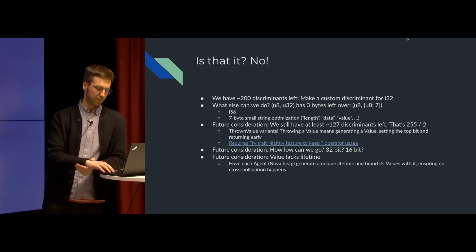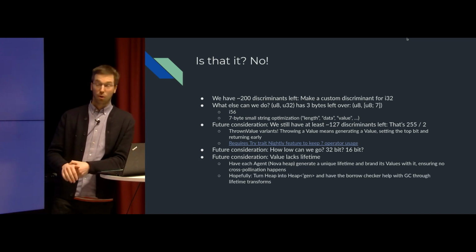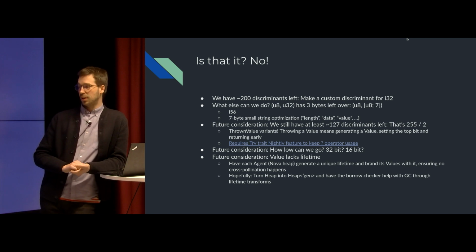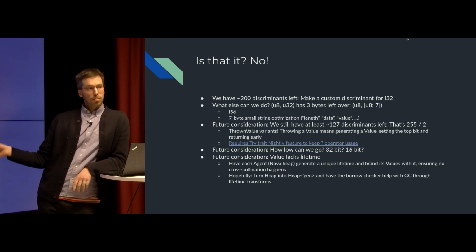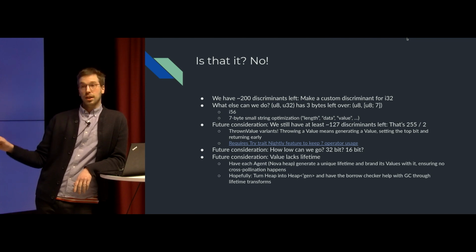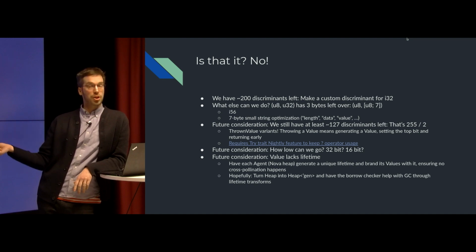This requires some work, but also if we get the values tagged with a lifetime and we get the heap tagged with the same lifetime, we could probably write our heap GC, garbage collection algorithm, in such a way that the borrow checker actually starts helping us do GC correctly.